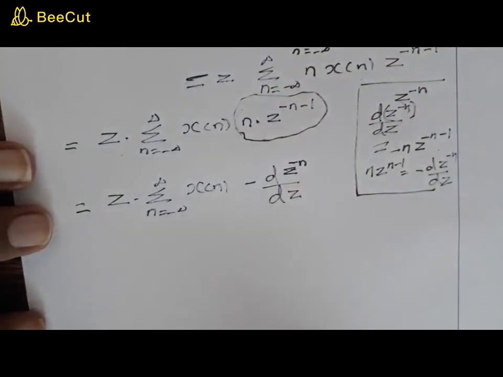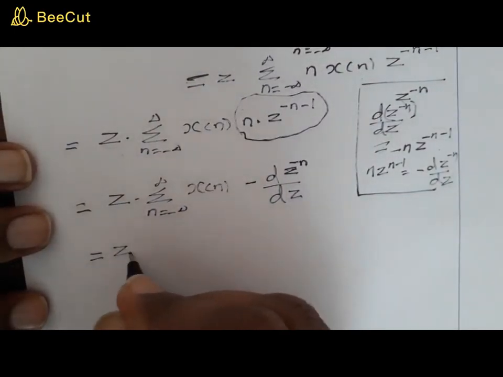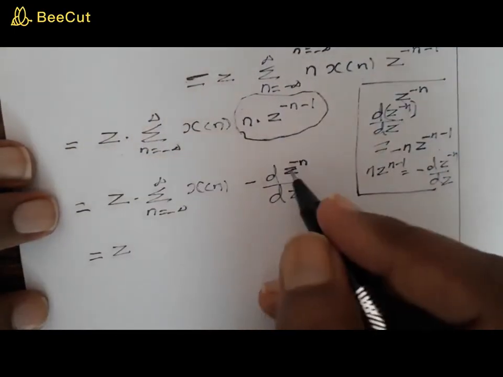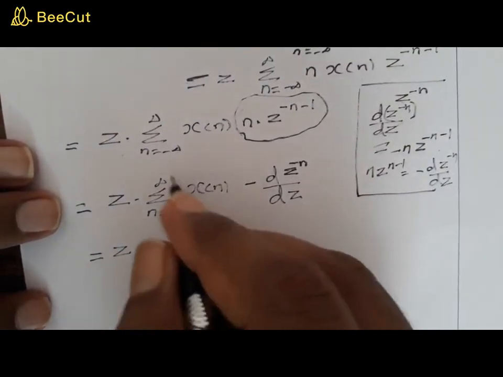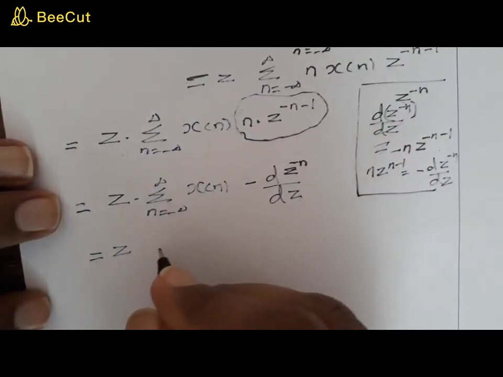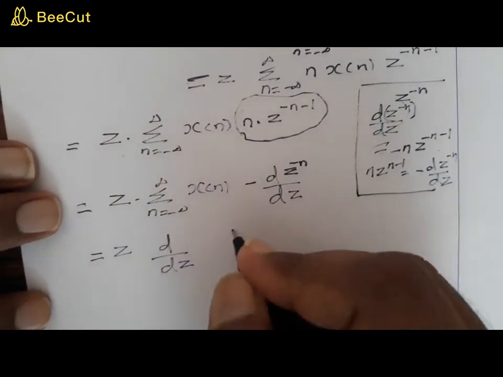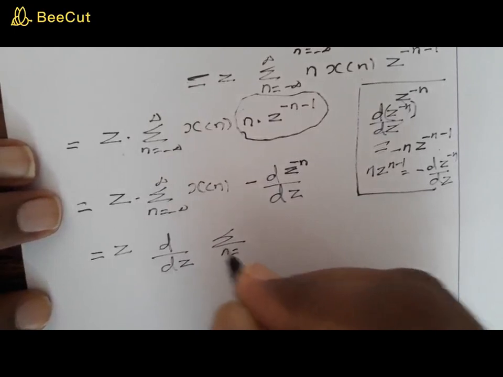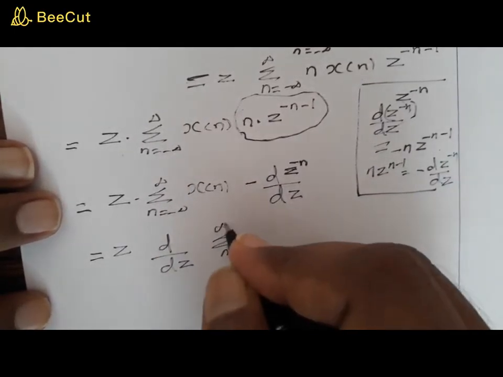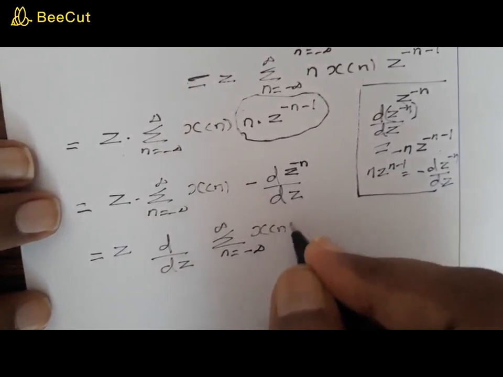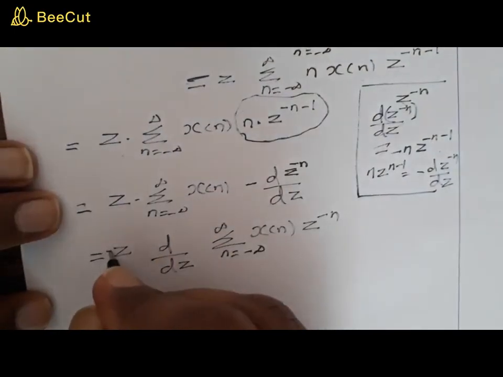Now you cannot bring this z into the derivative operator because it is outside, but you can bring in the summation, since the summation has nothing to do with the derivative. So you can write this as d by dz of the sum of x of n into z raised to minus n, and bring the minus outside.